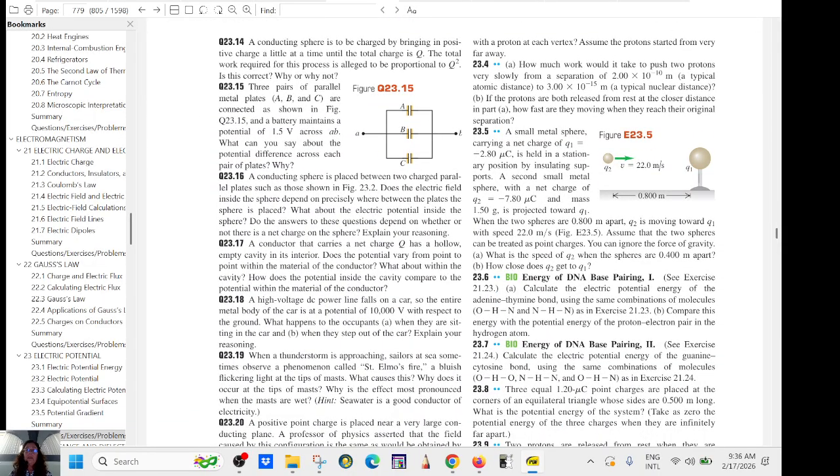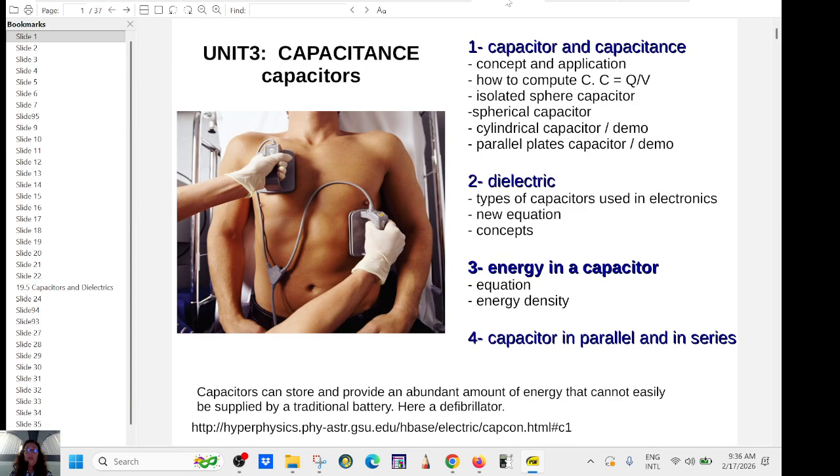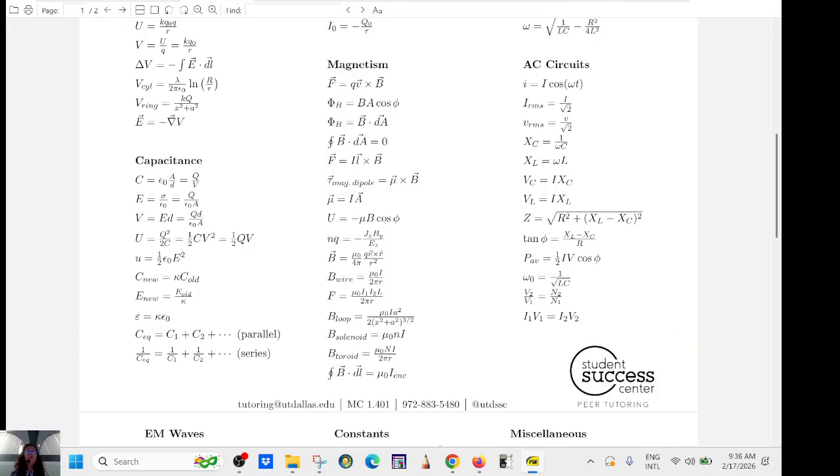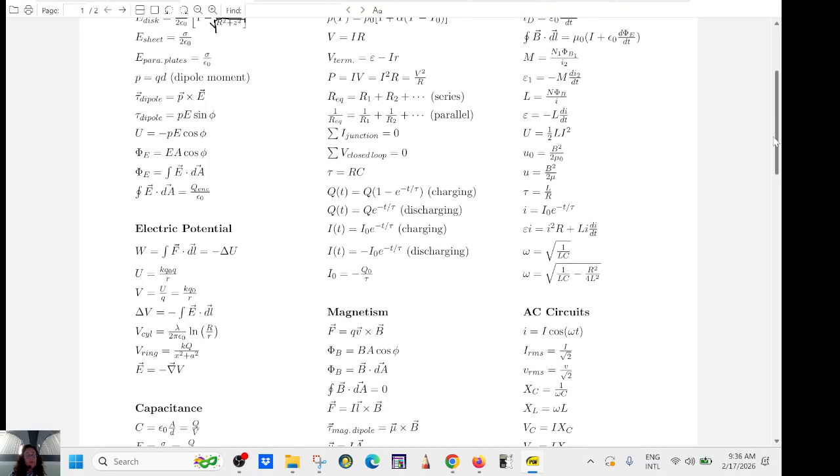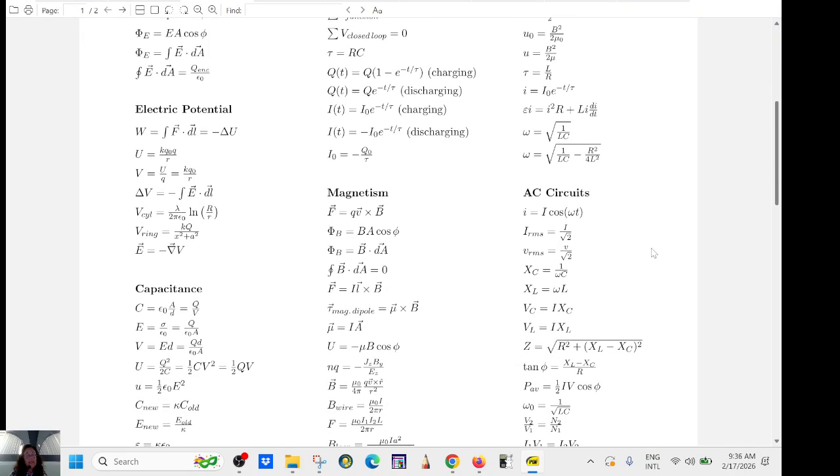And then last time I didn't have the right slide, so I found my slides. So we're going to talk about capacitors. Not too much into details, but I have to skim through. Now, for capacitance, use your equation sheet. Remember last time a student found a mistake here.